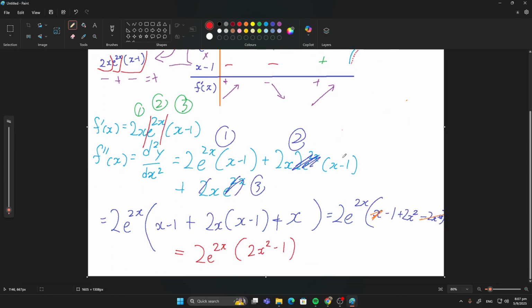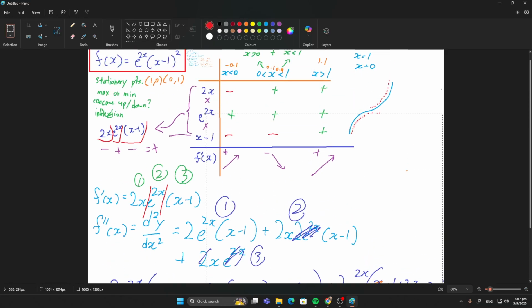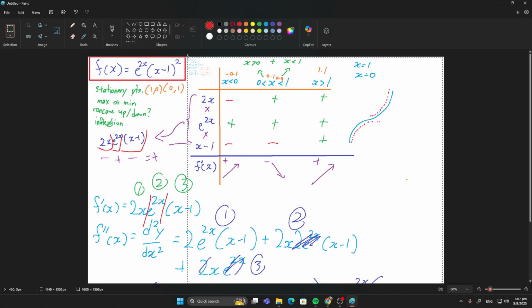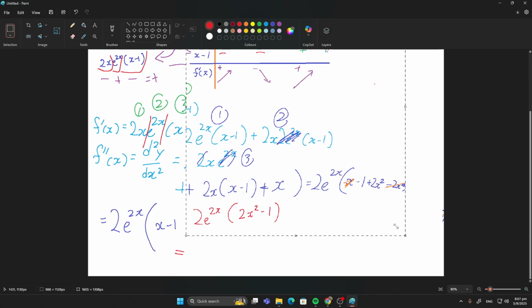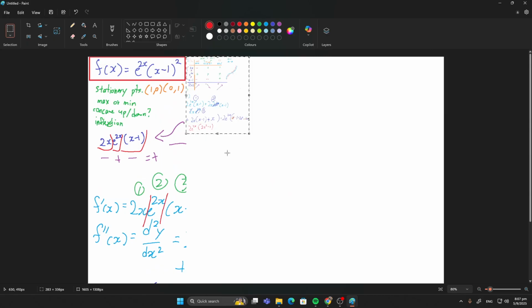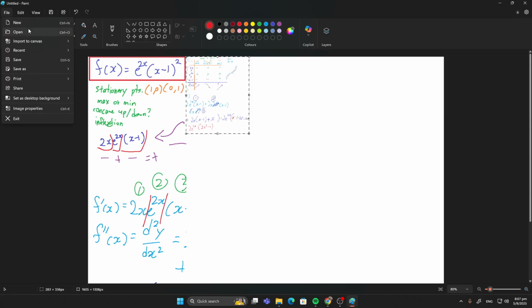Alright. So this is my second order derivative. And now how do I compress all this? Whatever. Okay, so let's recall. We have my f(x) equals to this little boy over here.